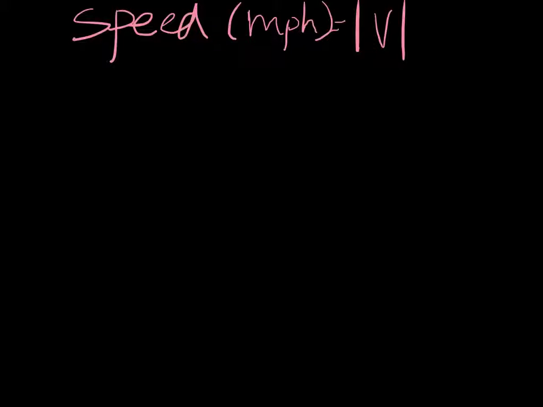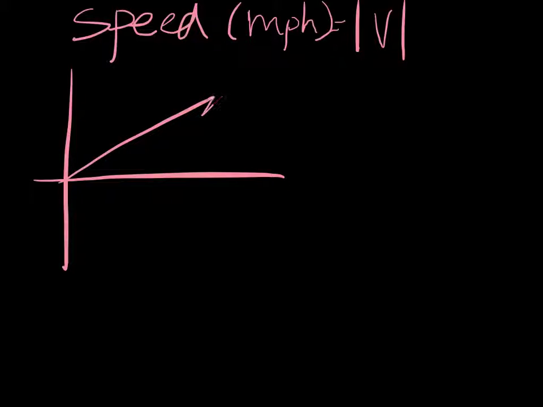Okay. So, in example 7, it says the DC jet airplane is flying at a bearing of 65 degrees at 500 miles per hour. Well, first thing I'm going to do is draw my airplane, flying in a direction with bearing 65.